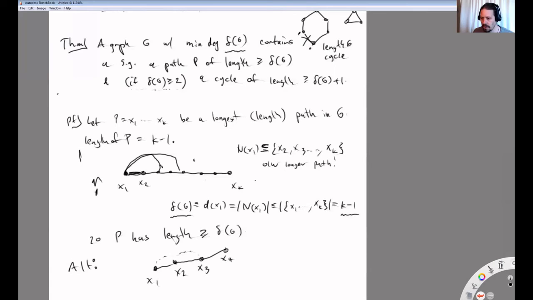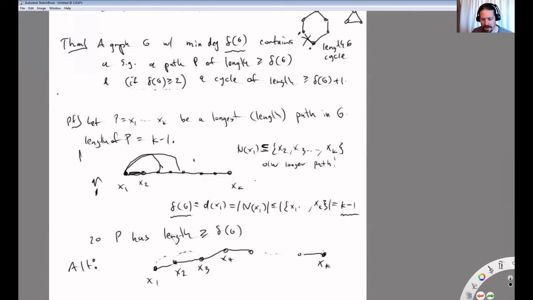Now from x4, I have some unsafe ways. I shouldn't be able to go back to x1 and x2, and if there's an edge, I sort of lose some edges. But if again my minimum degree is high enough, I can keep walking safely. And you just repeat this as long as you can. If you do a little bit of thinking, you can guarantee you can make it up to xk.